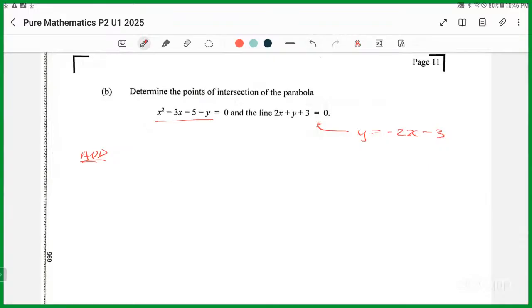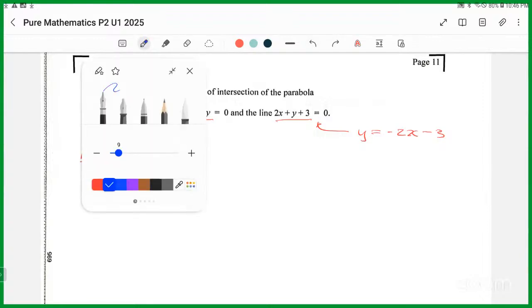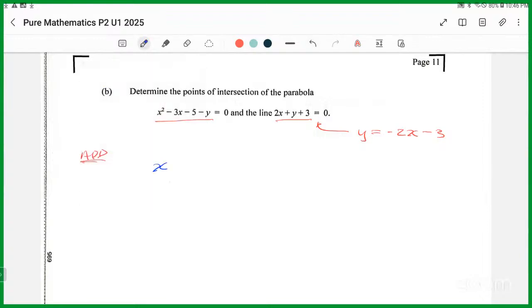Adding everything on the left side, our x squared term is written there, minus 3x and the plus 2 is minus x, minus 5 and the plus 3 is negative 2. The y terms cancel each other.